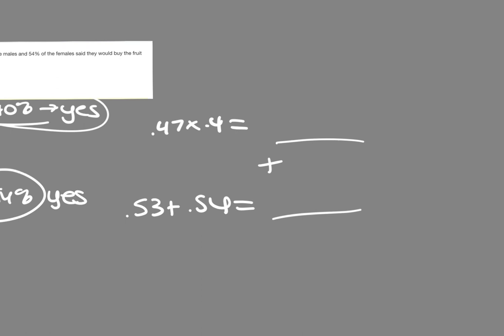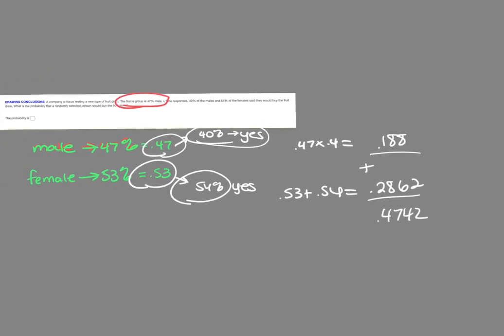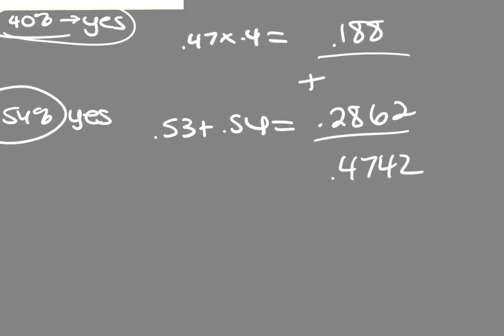So 0.47 times 0.4, and I get 0.188. 0.53 times 0.54, and I get 0.2862. And I add them together, and I get 0.4742. And it says, no, it doesn't say. It wants it in percent.